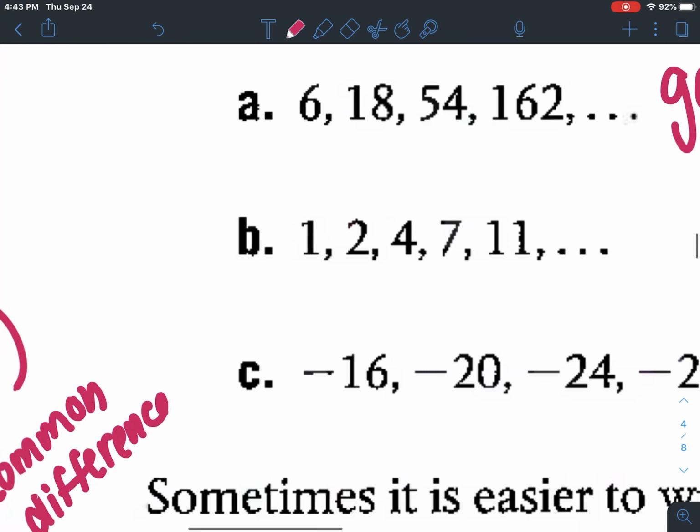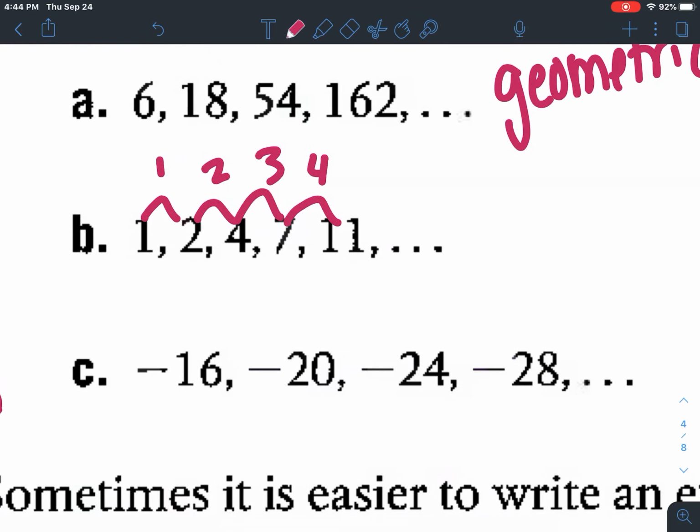This next one, 1, 2, 4, 7, 11. Okay, so we're staying with small numbers, but let's see, we're adding: 1 to 2 is 1, 2 to 4 is 2, 4 to 7 is 3, 4. So we're not adding the same thing each and every time.